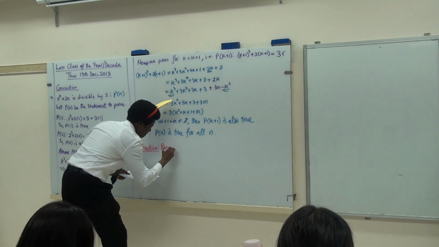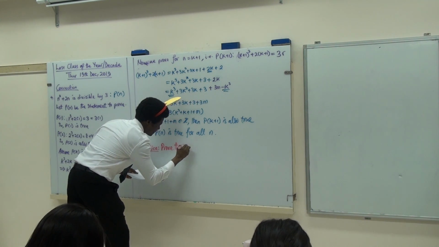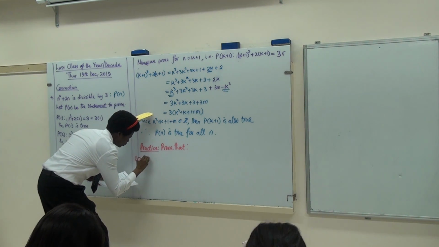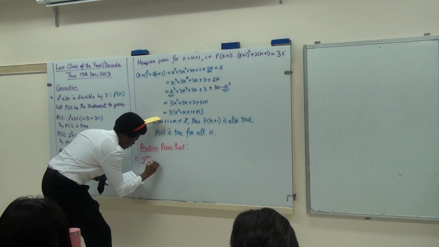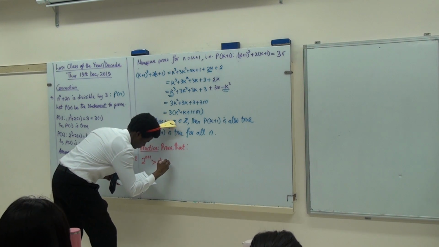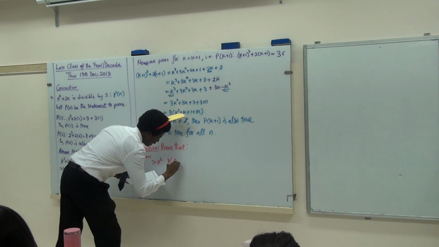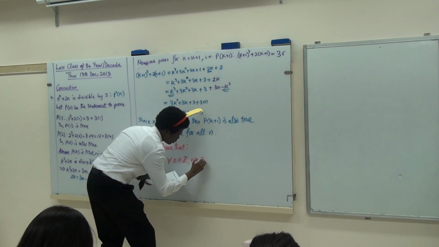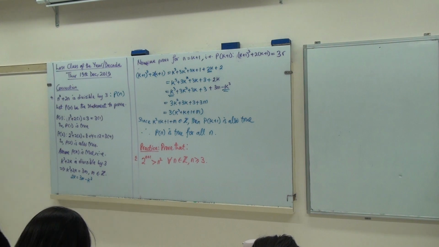Prove that 2 to the power n plus 1 is greater than n squared for all n in Z, n greater than or equal to 3. It's a past IB question paper. It is 7 marks altogether. Should be very sweet. I think we can pause that because of the battery.